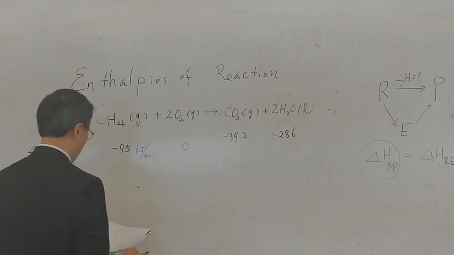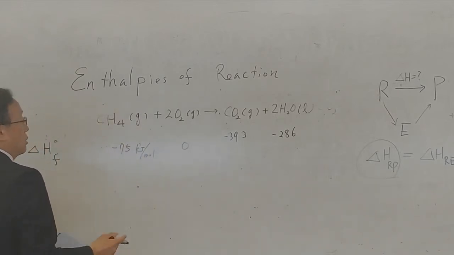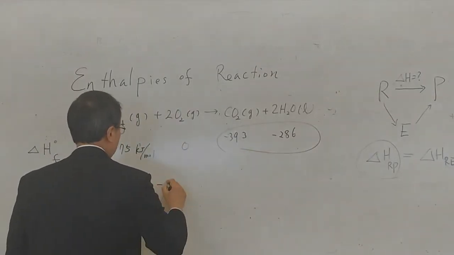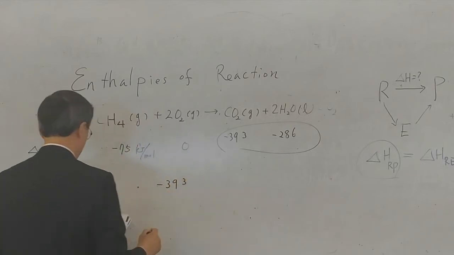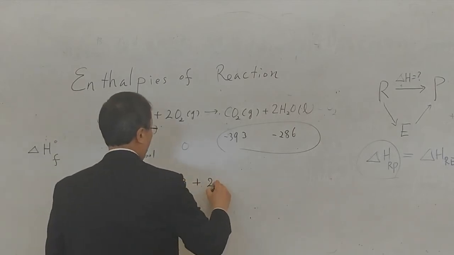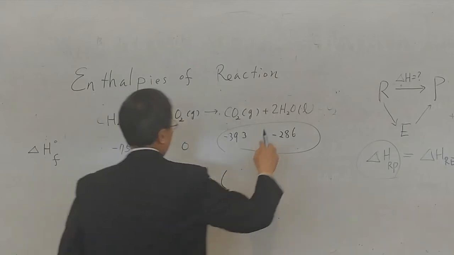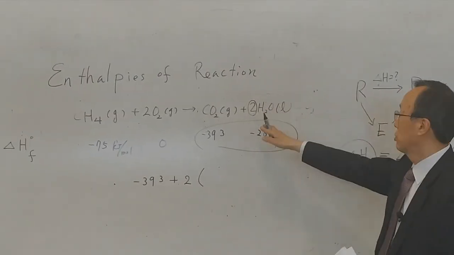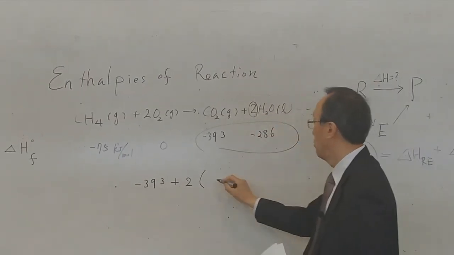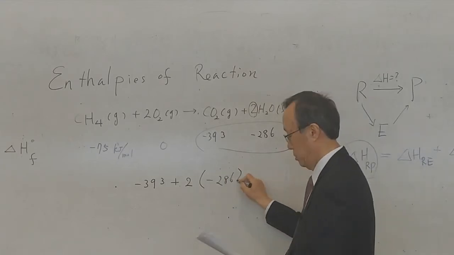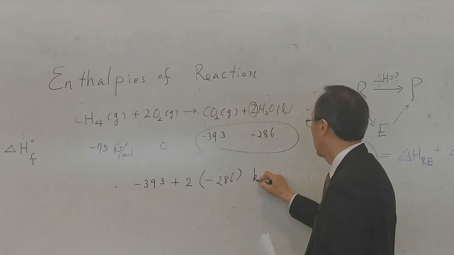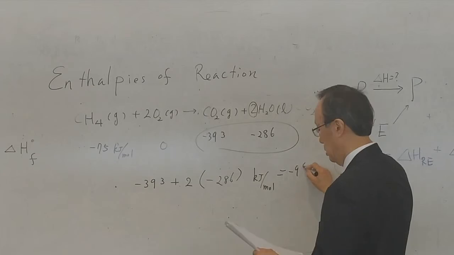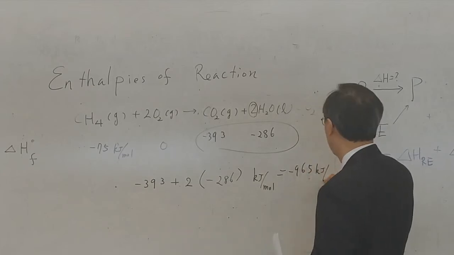So for the products, we add together minus 393 plus 2 times minus 286. This is the extensive property; you should multiply by the coefficient of the H2O. That equals minus 965 kilojoule per mole.